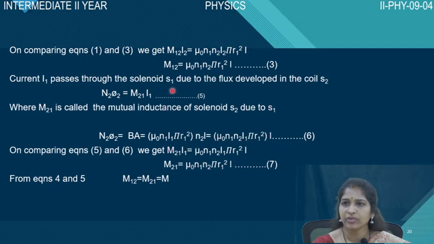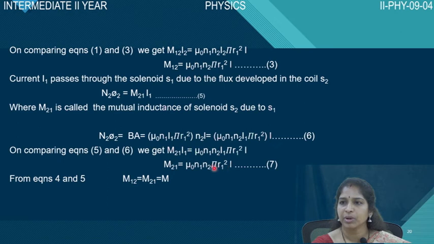In this equation we got N2 phi2, and in the other equation also we got N2 phi2. So comparing equations 5 and 6, what can we write? I substitute M21 I1 in place of N2 phi2. So M21 I1 equals mu naught N1 N2 I1 pi R1 square L. Here I have I1 on this side and also on that side, so these two will get cancelled.